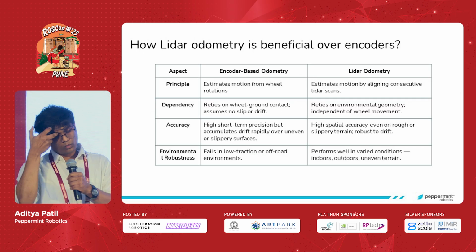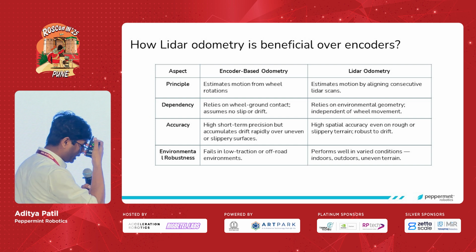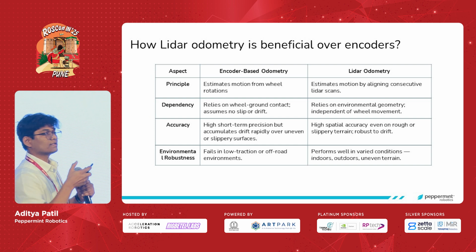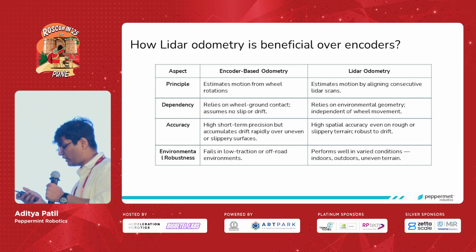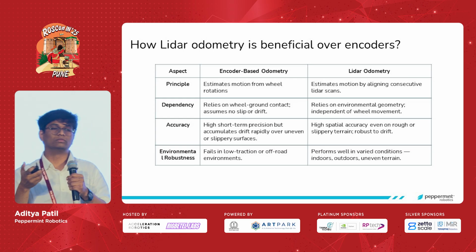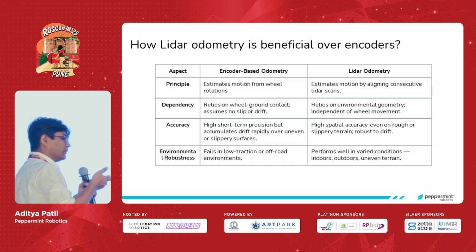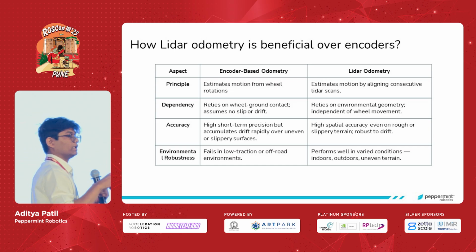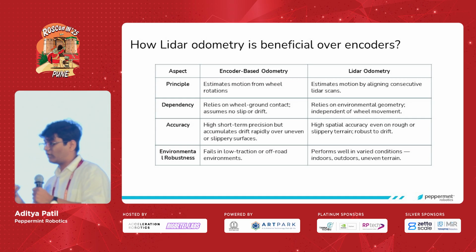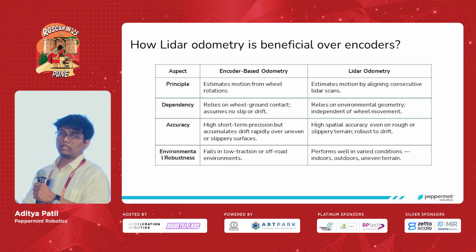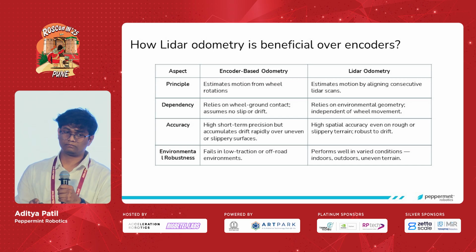Now, one question arises very frequently: is it really necessary to use Lidar odometry in our robots? If the encoders work really well, is it really necessary to use LiDARs in the first place? Well, there are a couple of scenarios where encoder-based odometry tends to fail, and Lidar-based odometry has an advantage over conventional encoder-based odometry.